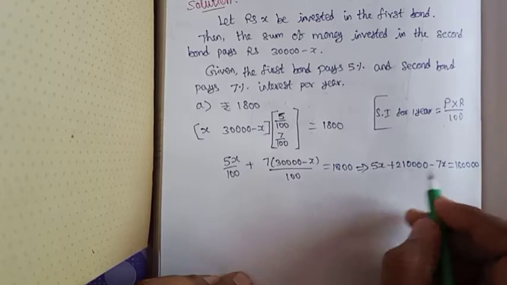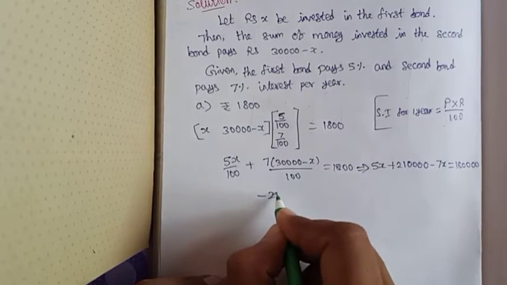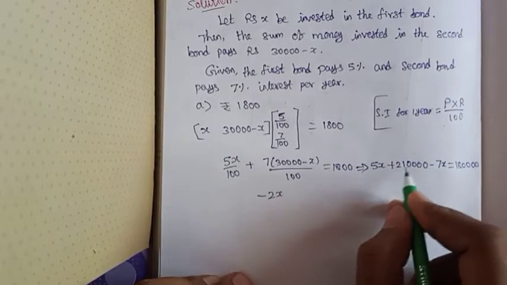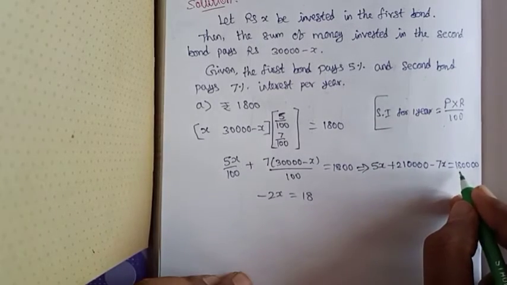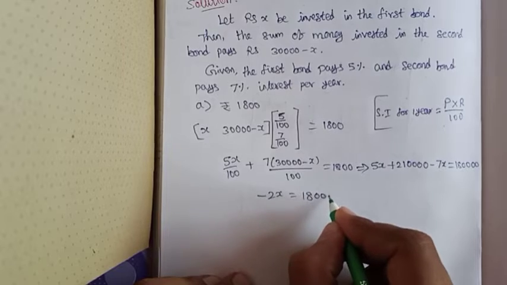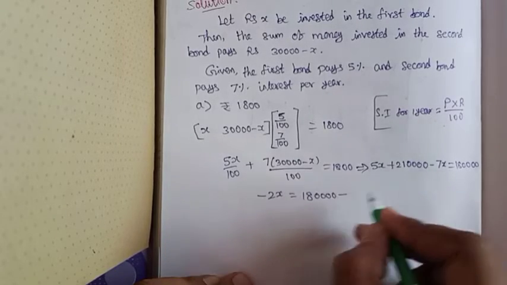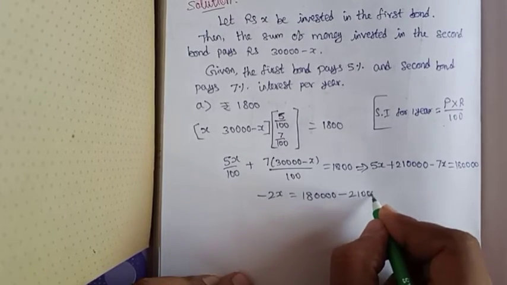Here 5x and minus 7x, we get minus 2x, and shifting to the right side, we get 1,80,000 minus 2,10,000.